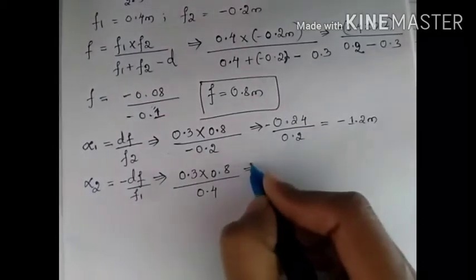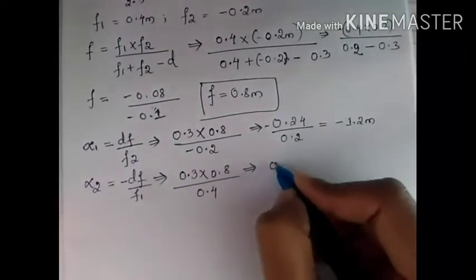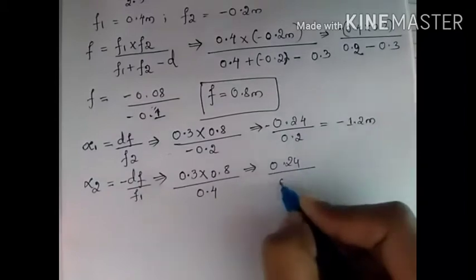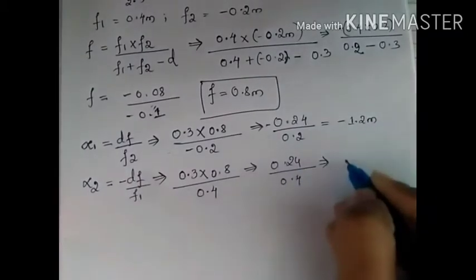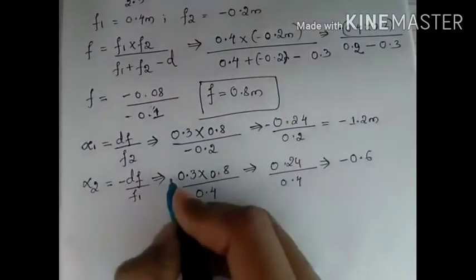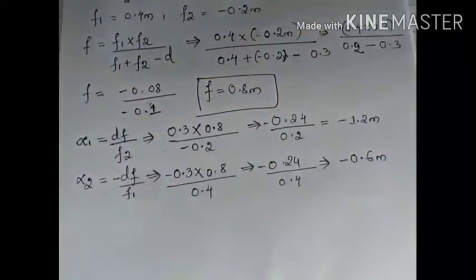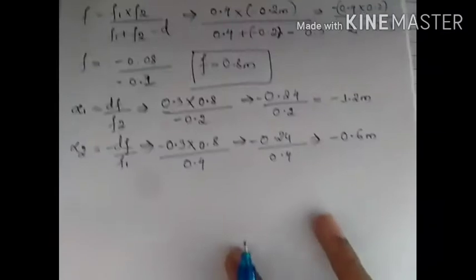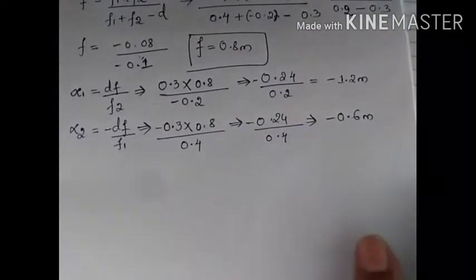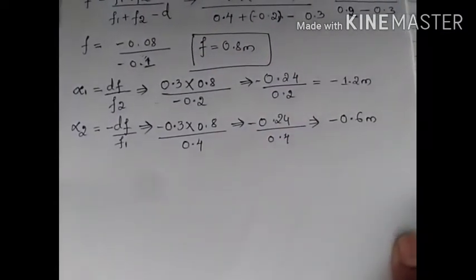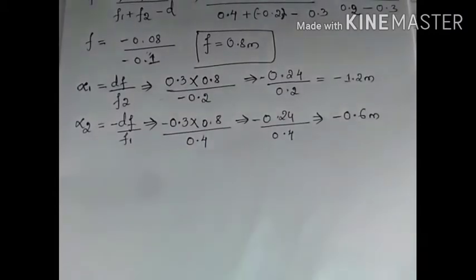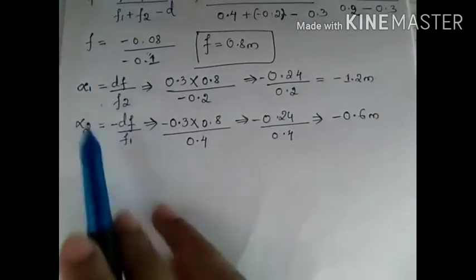If you solve, again 8 times 3 is 24 divided by 0.4, that gives -0.6 meters. So alpha 2 is -0.6 meters, to the left side of the second lens. So we found F, alpha 1 and alpha 2.